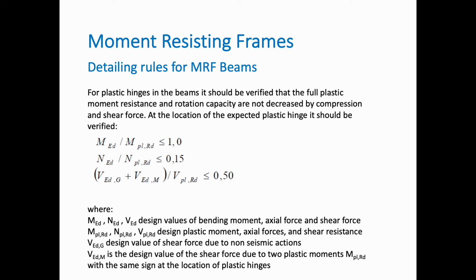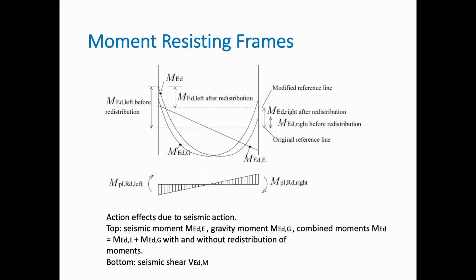And the design value of the shear force due to the non-seismic forces plus the design value of the shear force due to the two plastic moments formed with the same sign at the location of the plastic hinges, over the plastic shear resistance, should be smaller than or equal to 0.5. For more information, we have here the beam with the moments.